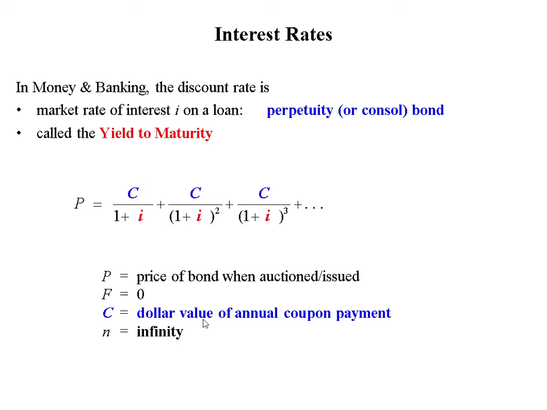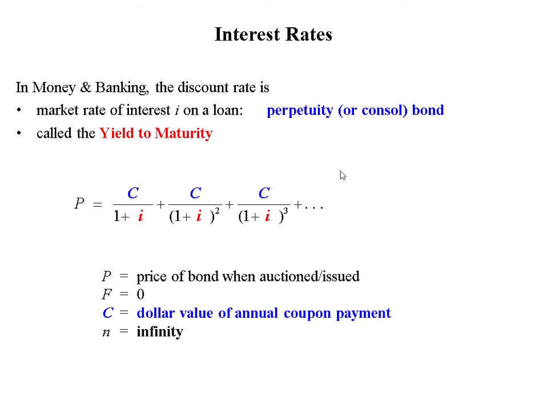And again, C is the dollar value of the annual payment. N is infinity, or the life of the government that issues the bond. Okay, now the interesting thing is we can rearrange this equation and actually solve it for I. So what I did here is I divided both sides by C, and then I just rewrote what's left. When I divide both sides by C, these C's are gone.